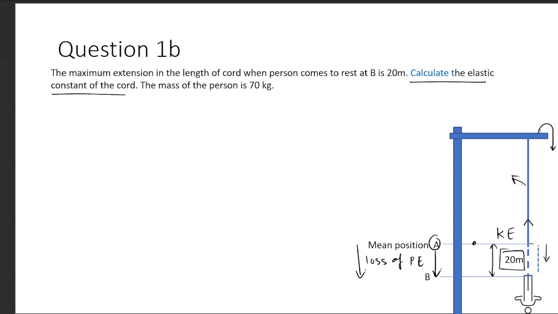the elastic constant, what we can do is we can use the law of conservation of energy. So energy at A will convert into energy at B. So energy at A is, first of all, the kinetic energy 1 by 2 mv square, as well as the potential energy which the person has because of the height, which is 20 meter.